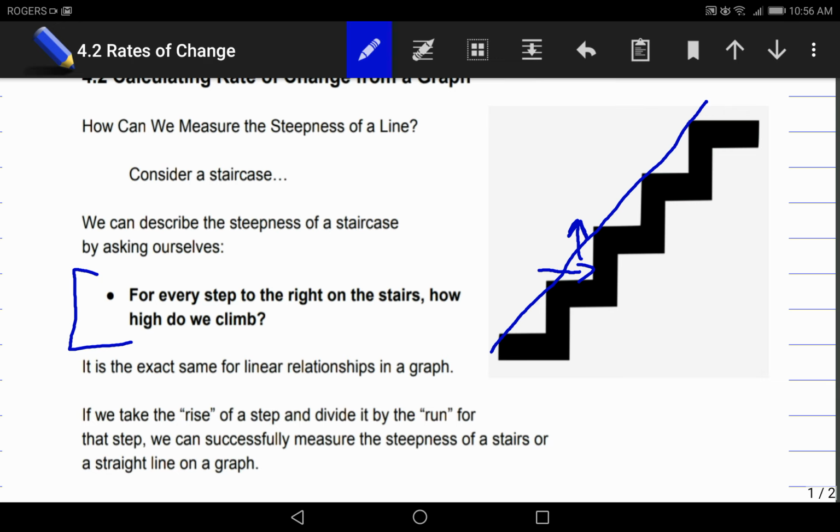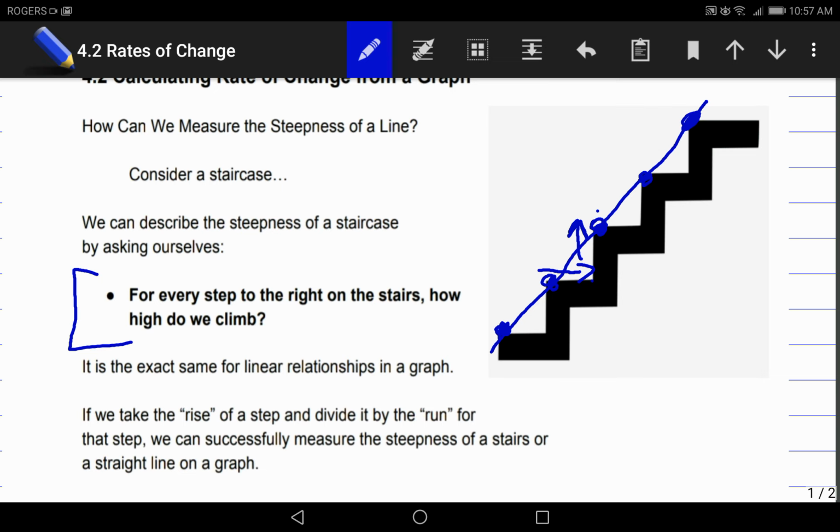If we break up our line into little points, just like a staircase, we would also be able to calculate how far right we needed to move to get to our next point and how far up we needed to move to get to that point.